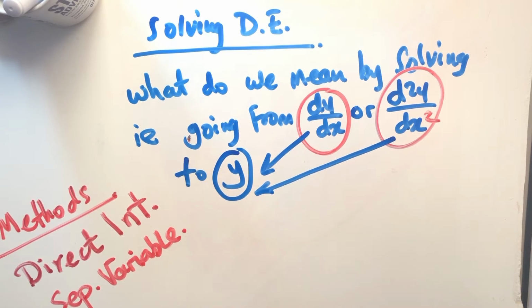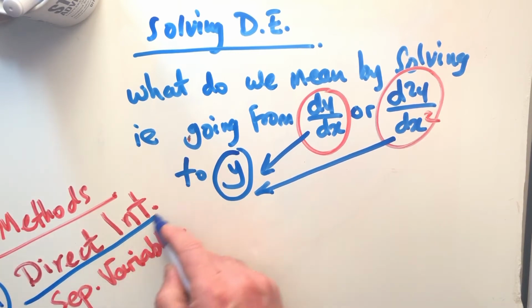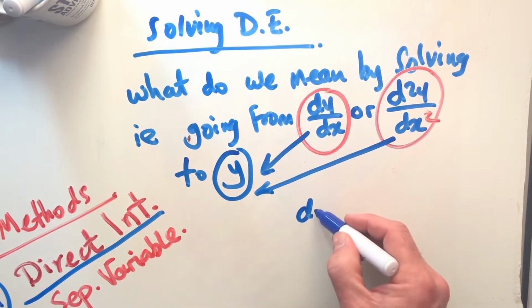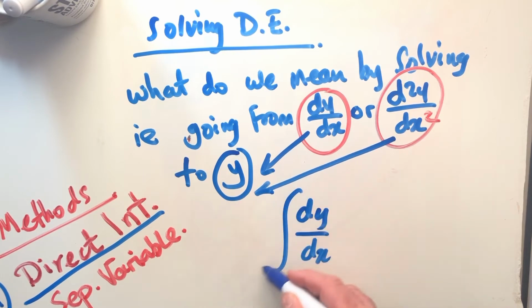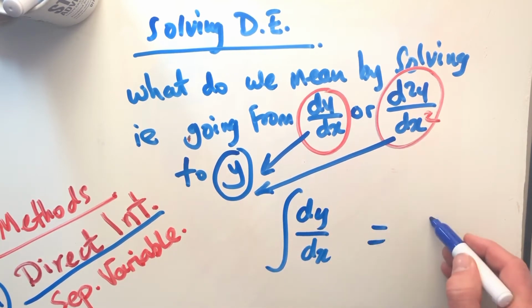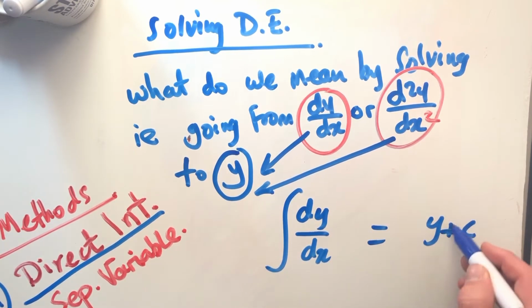The way we do that, we know from integration. The first method we're going to consider is direct integration, i.e. going from dy dx, integrating this function to get something like y plus c.